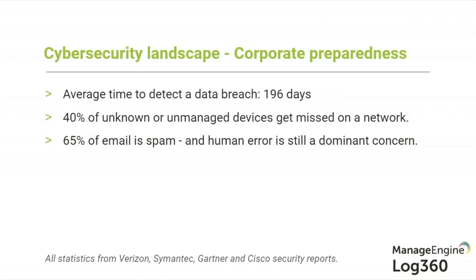And email is probably one of the most preferred entry methods for an attack on your network, because 65% of all email is pure spam email, and human error is still a dominant concern today.